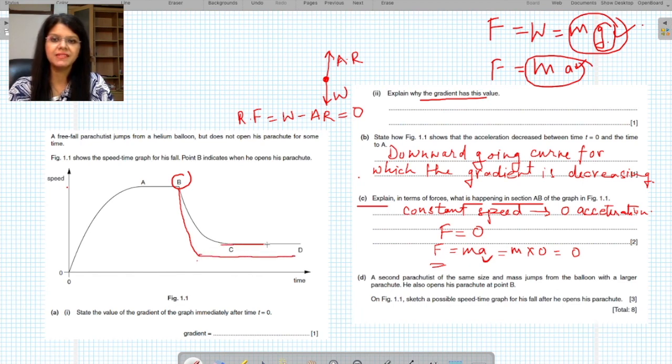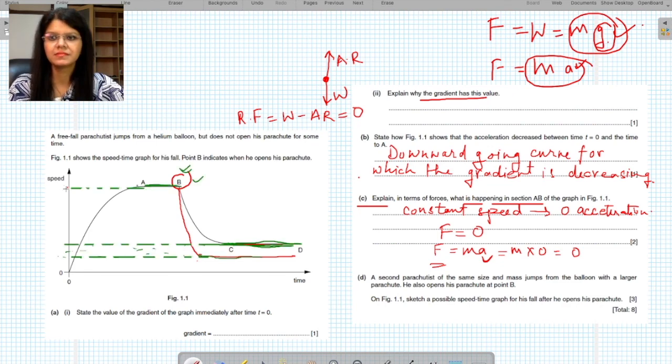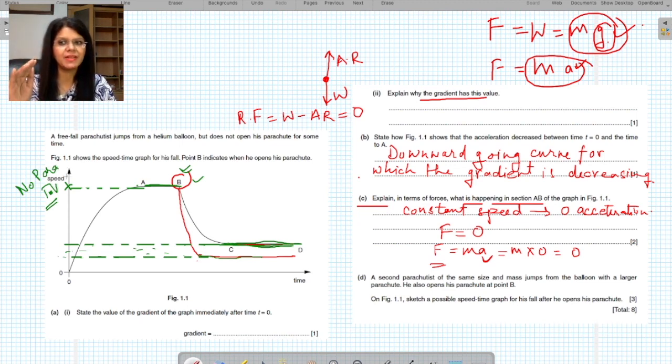Earlier this line, let me change the color. So here, this is your terminal velocity with the parachute not open. TV, terminal velocity with no parachute. You have attained a terminal velocity without a parachute. You open the parachute.